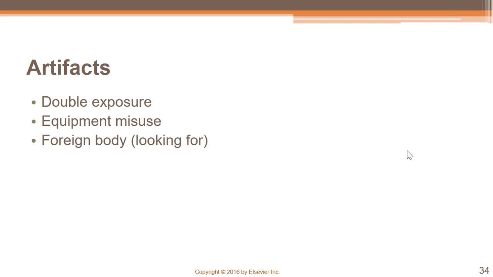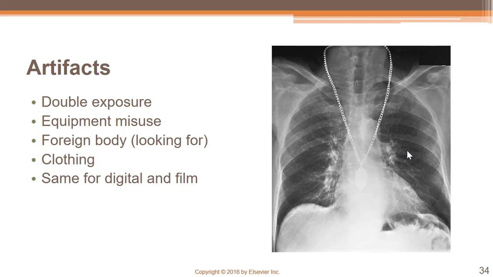So don't get those confused either. When you have a patient that comes to you, and let's just say it's a hand, and sometimes they'll ask you to x-ray a hand to find a splinter or a piece of glass or a piece of metal, doesn't matter what. You're trying to identify that artifact. You may need to adjust your techniques to fix that. But if you take an image and you've been too lazy to take their clothing off, you get a different type of artifact, and that particular artifact happens whether it's film, digital, however it is that you take that image, because something like this, that's your fault.